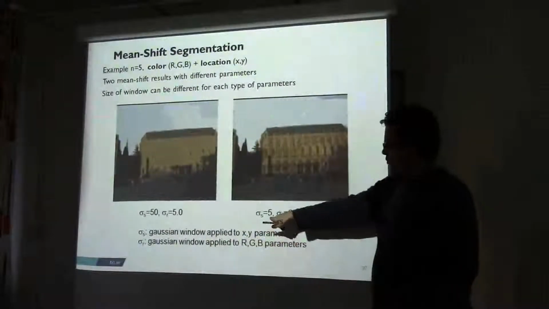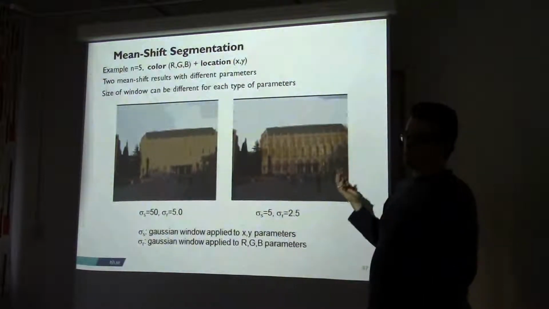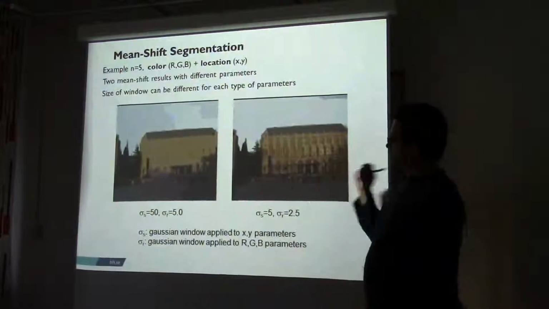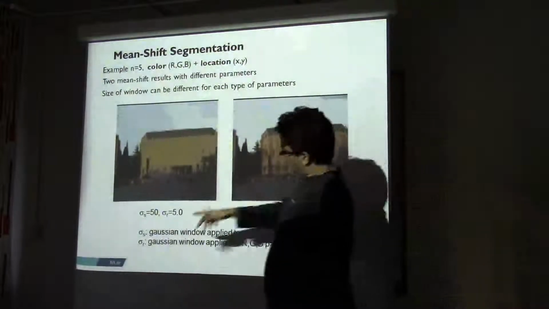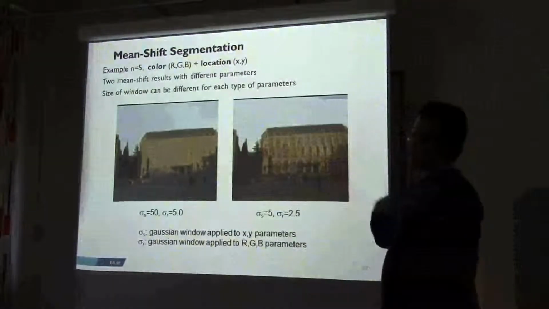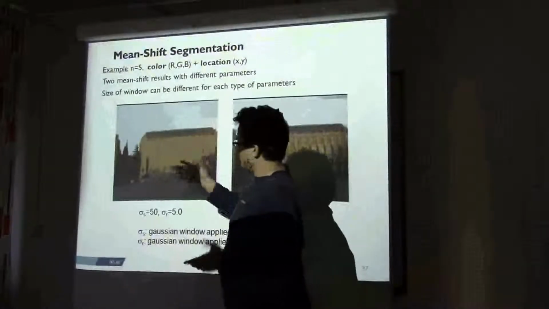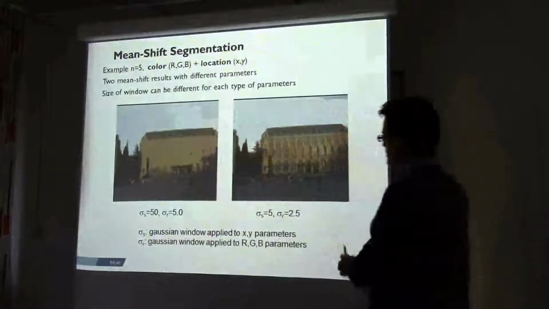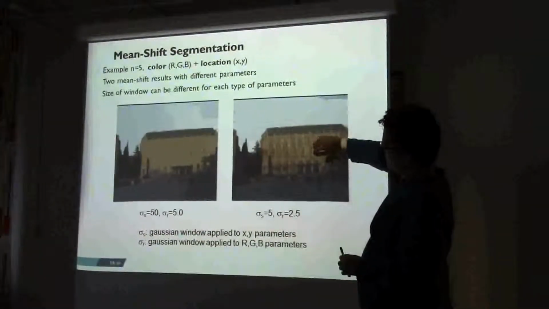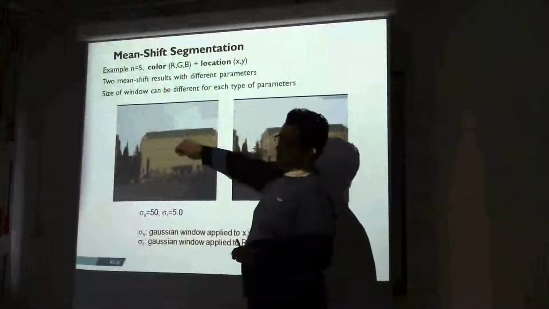If you have small windows, you will get a lot of regions in your histogram, a lot of clusters. This is why you have here a lot of different regions. But if you have a bigger window, you will get fewer clusters in your histogram, so you will get fewer regions in your image. Regions with more or less the same color will get merged if you use a bigger window.